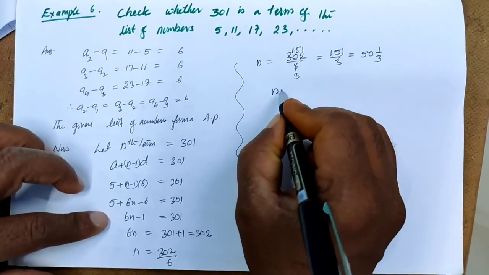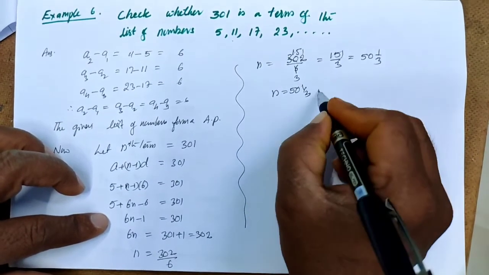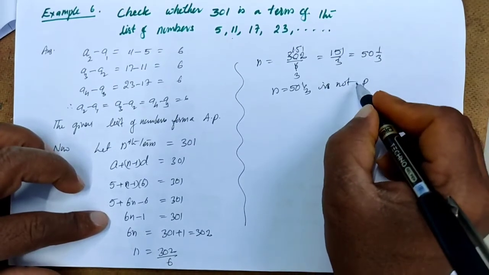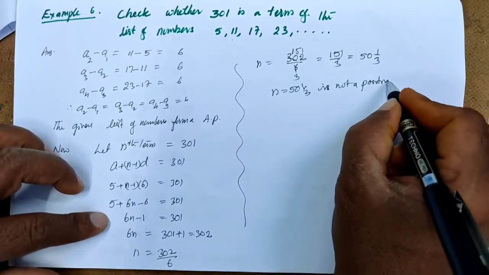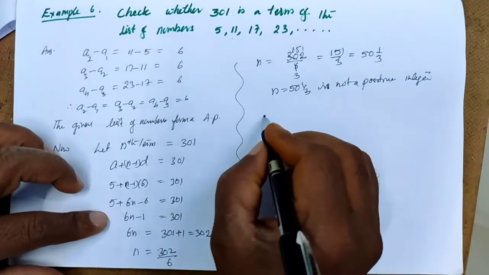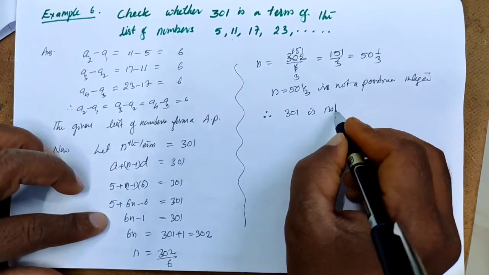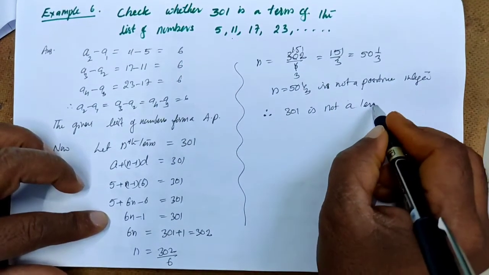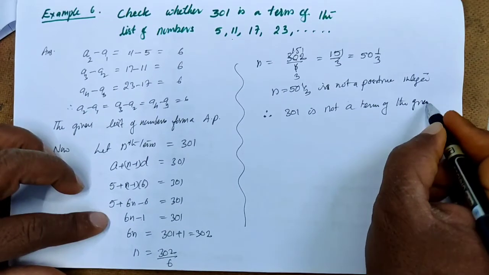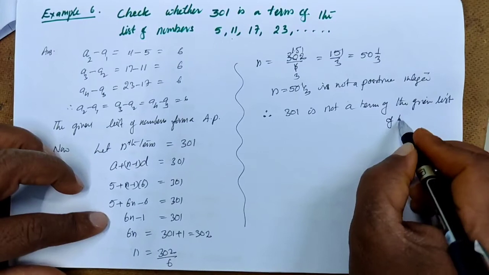So n is equal to 50 whole 1 by 3, which is not a positive integer. Therefore 301 is not a term of the given list of numbers.